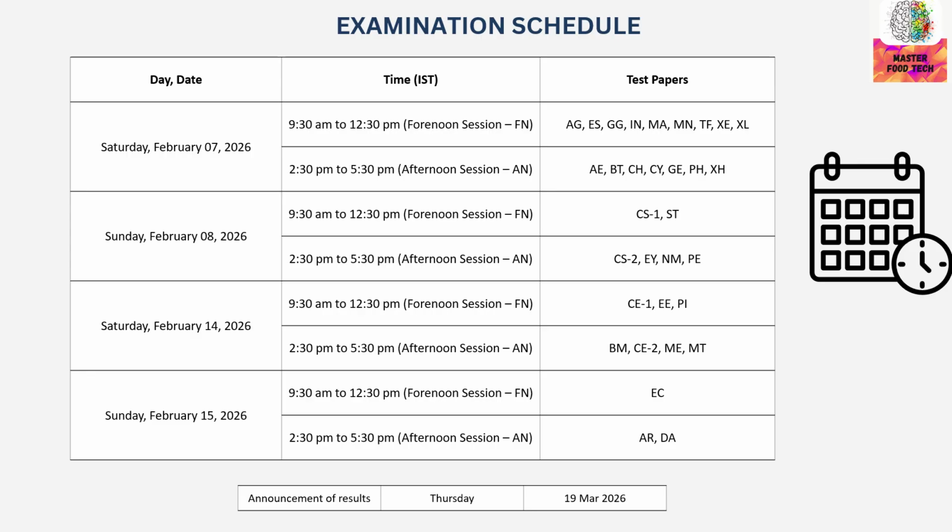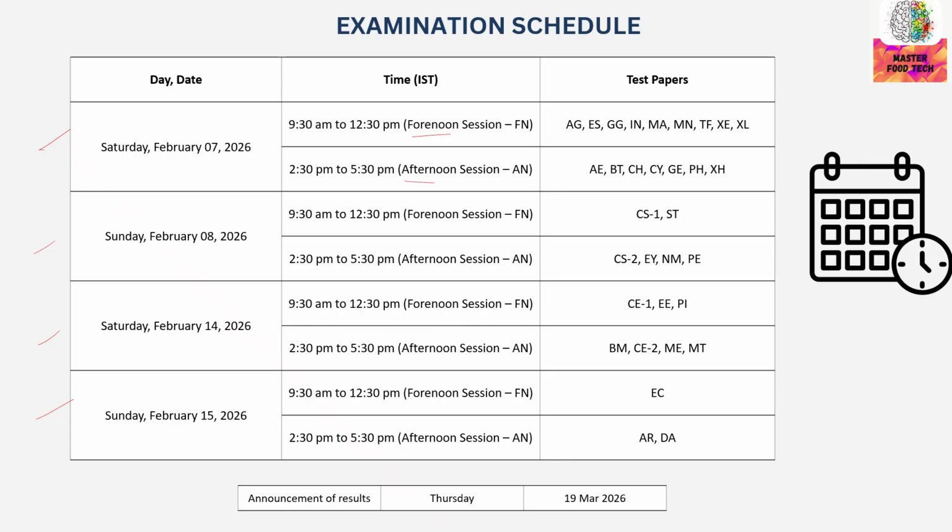Next is the examination schedule. So here you can see from February 7th to February 15th. You can see the exam is scheduled only on Saturdays and Sundays. And here you can see forenoon sessions and afternoon sessions.